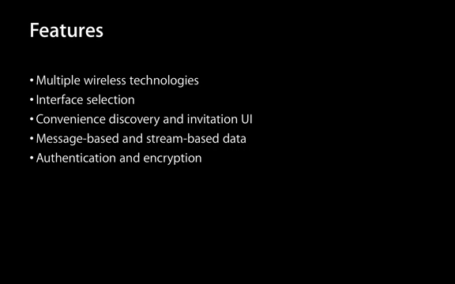So we'll give you tools that will make it very easy for you to discover who is nearby and mechanisms to invite nearby peers and have them connect into a session. Then, once you're in a session, we will give you the APIs to send data, and we will support message-based data and stream-based data. Also, we have built-in support for security, and specifically, we'll give you support for authentication and encryption.